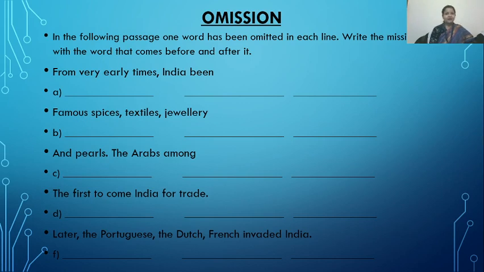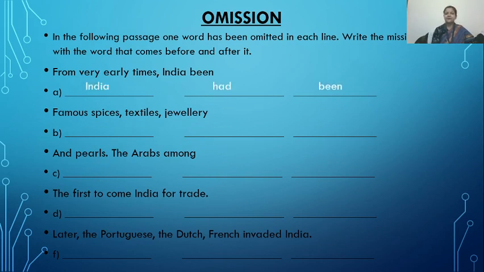"From very early times, India..." As they are talking about early times, and the past participle form "been" is used, the helping verb should be "had". So according to the sentence, it should be "From very early times, India had been."